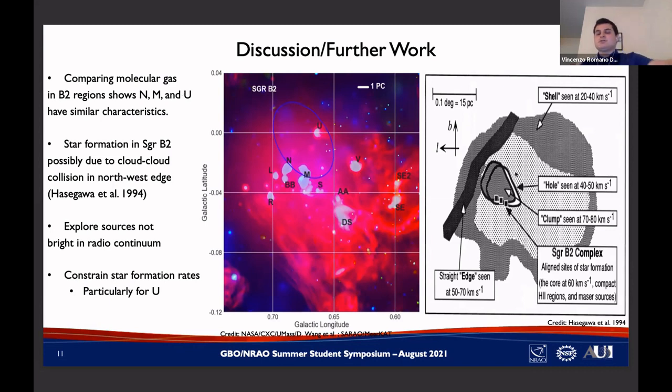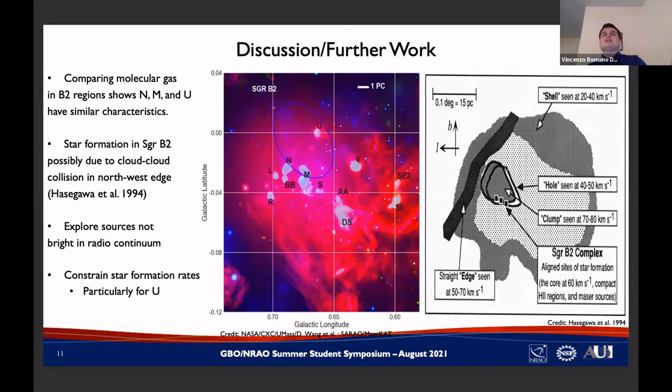Looking at this image on the right, we can understand what the model states: this dense clump collided with a less dense cloud and ripped a hole in the cloud, removing some of the gas with it. We can also note the North, Main, and South regions. Comparing these maps, we have North and Main here, and U could possibly be on this most western edge.